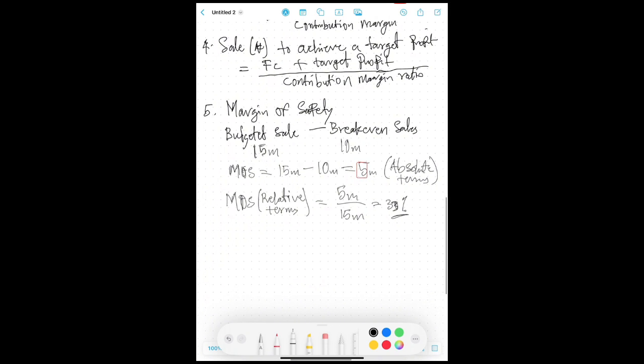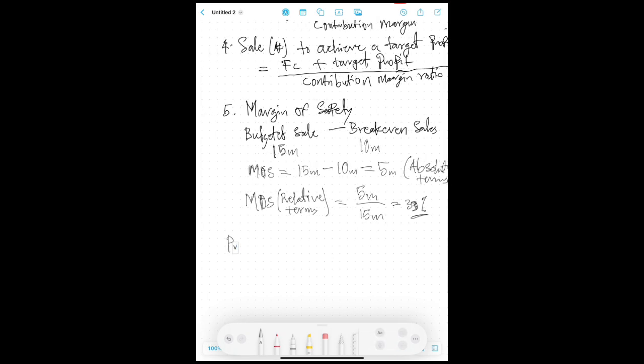We have also what we call the PV ratio, just to mention: the profit volume ratio.